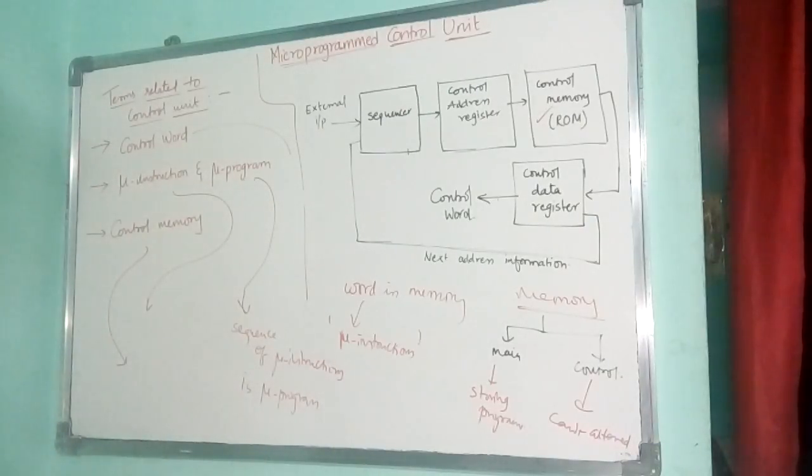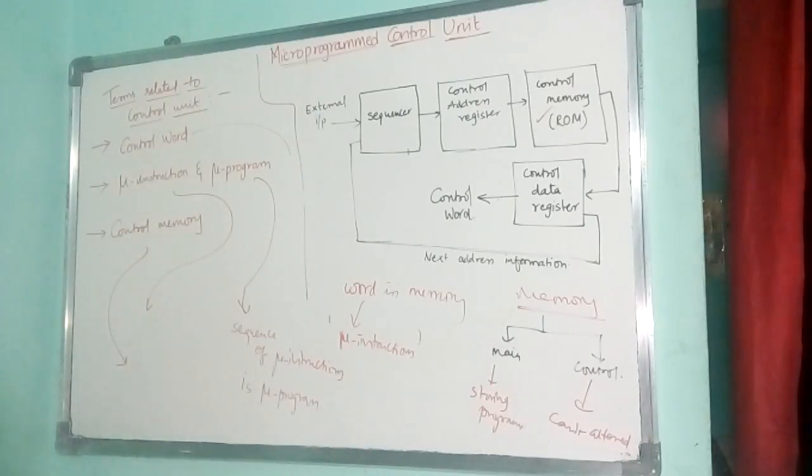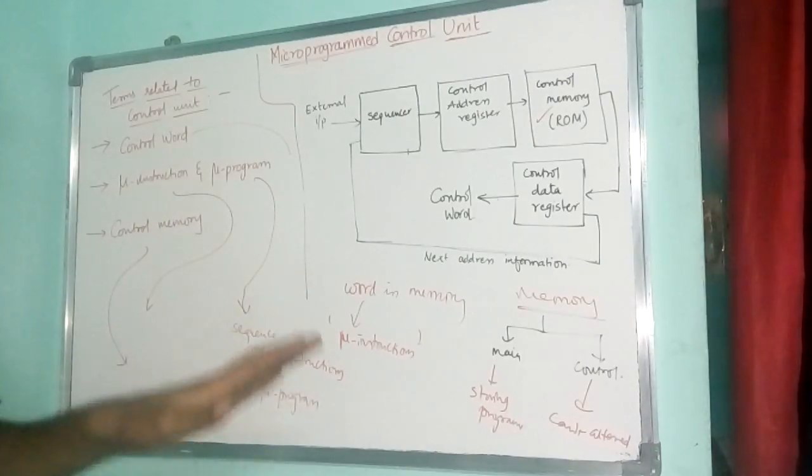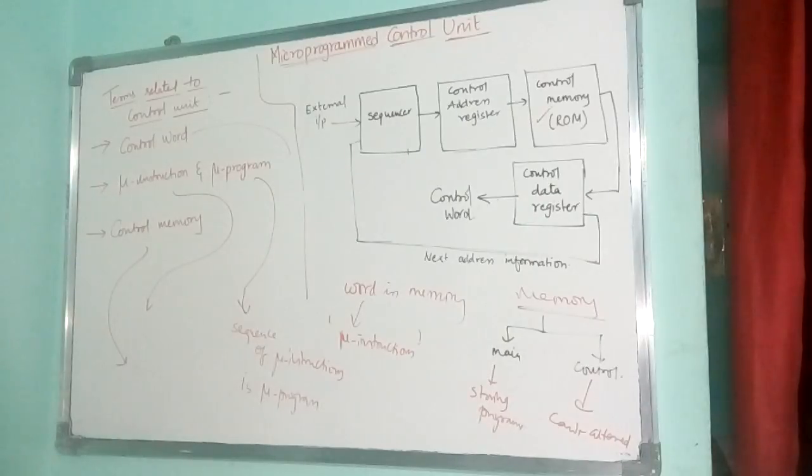That means if I have register operations, and if I want to run a program for execution of such a sequence of instructions, then I need to give the control word for that, so that my register operations will be executed further.